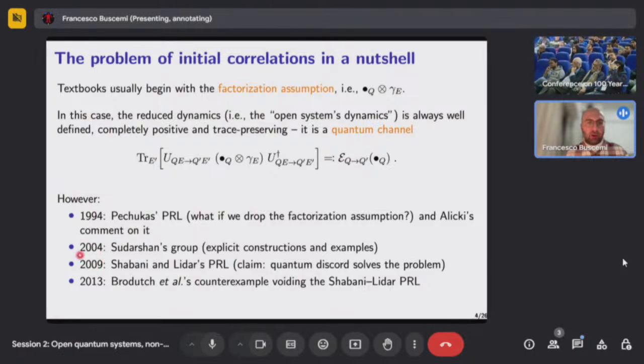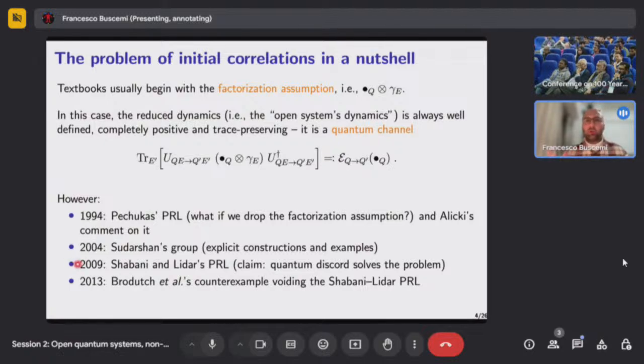This was a time in which a lot of groups went into this problem, and it was also the time in which quantum discord was particularly important and was a hot topic in the community.